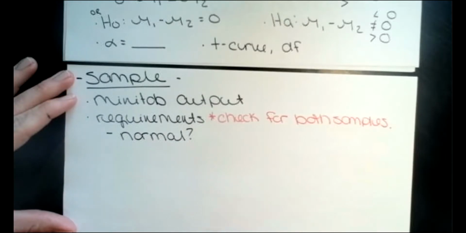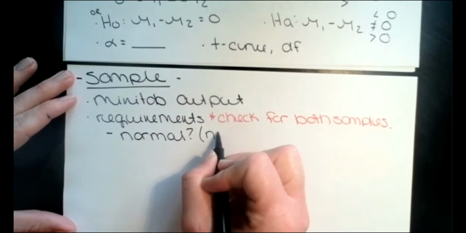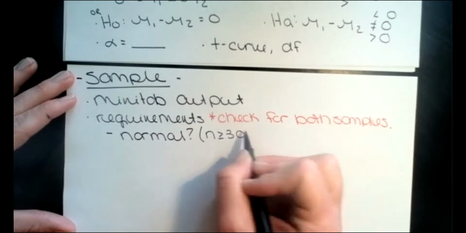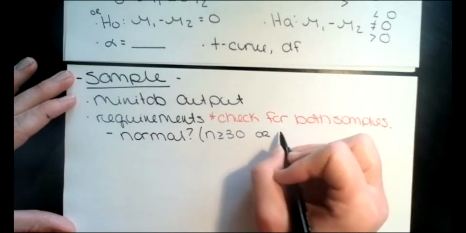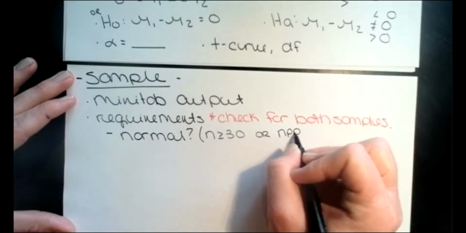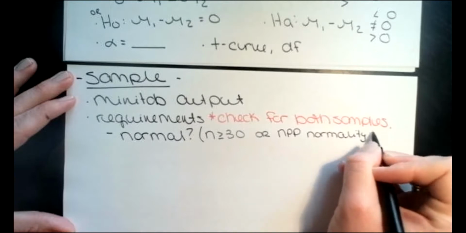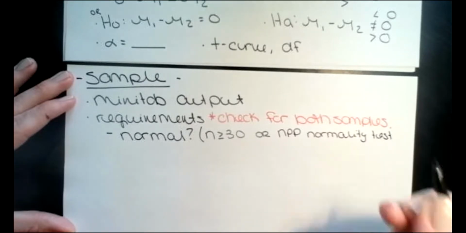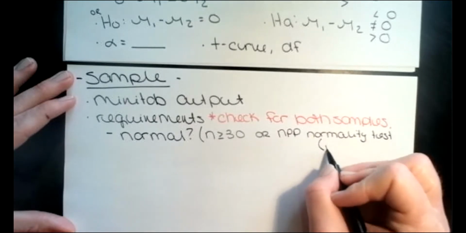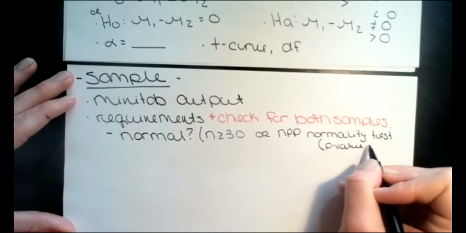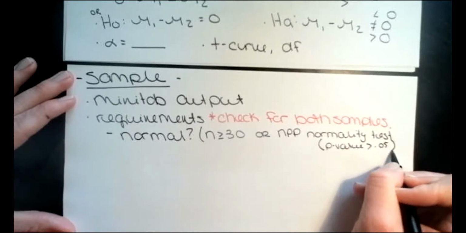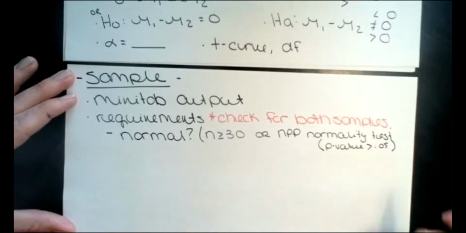Remember here, I can use n is greater than or equal to 30, or I'm going to look at NPP with the normality test. And remember, for that normality test, what you're looking for is a p-value that's greater than 0.05 in order to say that it's normal, okay? So those are the two ways to check. You're going to do it twice, right?